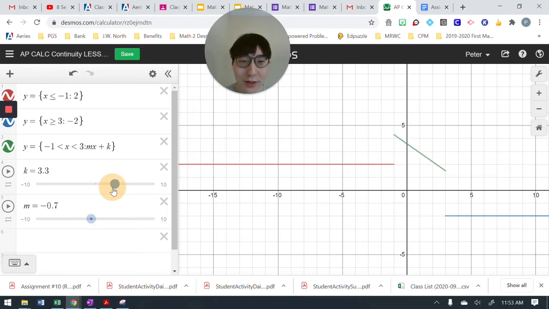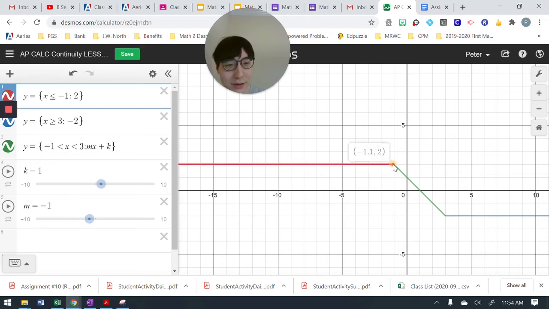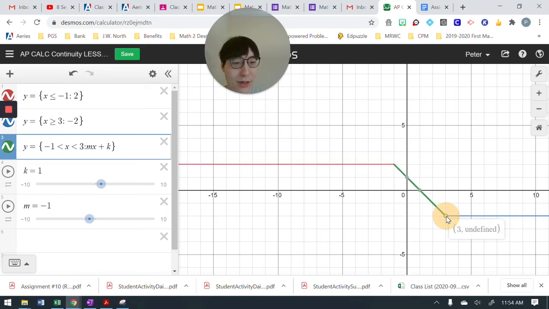But I'm gonna do it until I can make this work, so that it'll be continuous somehow. Even before actually going over it algebraically, the answer is actually going to be this. Ain't that pretty cool? When m is equal to -1 and k is equal to 1, you see that it is continuous at -1 and is continuous at 3.